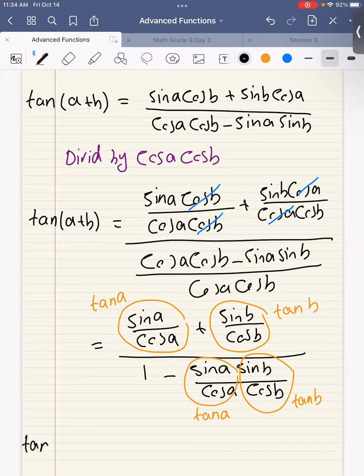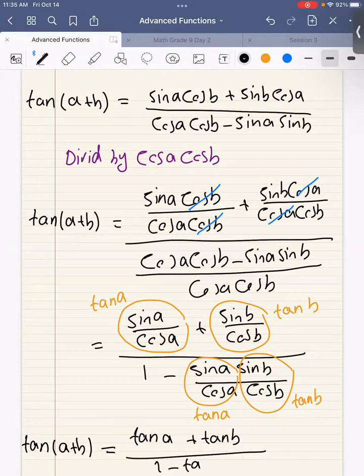So that means tangent of A plus B is equal to what? Tell me. Tangent A plus tangent B divided by 1 minus tangent A times tangent B. Exactly.